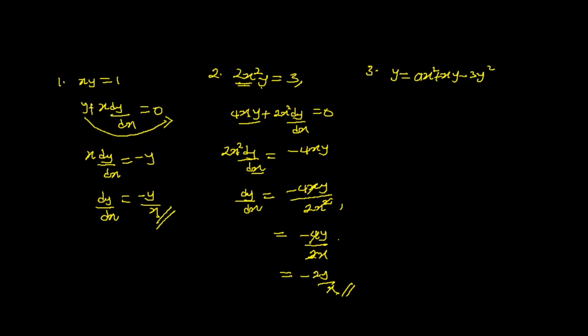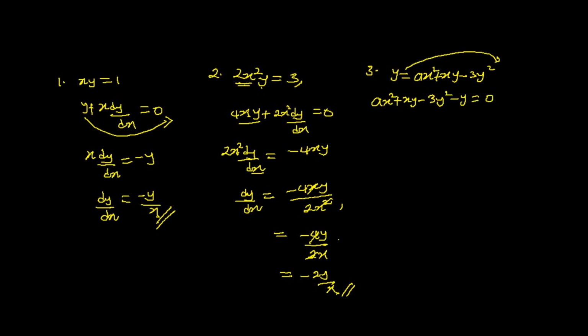Let's solve this example now. Let's take this y to this side and equate the equation to 0. We are going to have ax squared plus xy minus 3y squared minus y equal to 0.